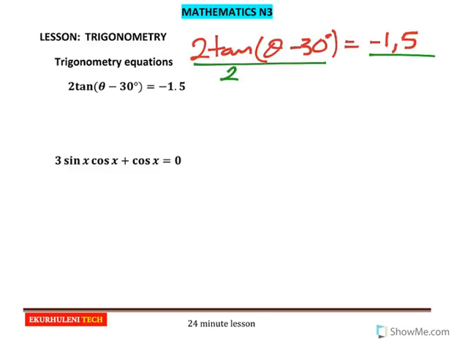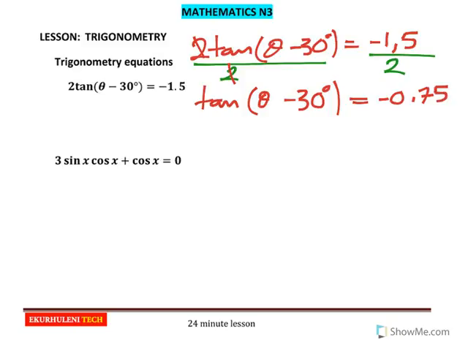So you divide both sides by this 2. Why are you dividing by 2? So that you're going to have now your tan (theta minus 30 degrees) is equal to, if you divide negative 1,5 by 2, you are going to get negative 0.75.